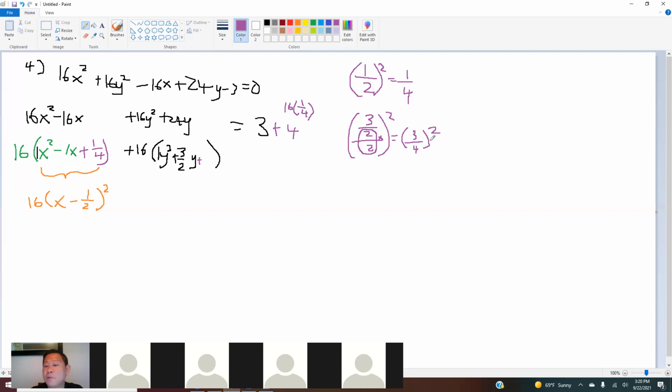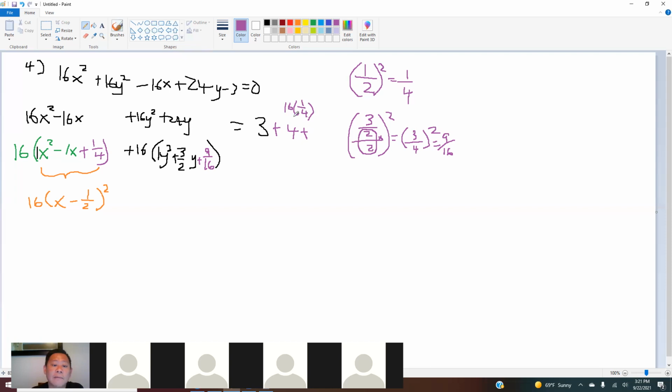What is 3/4 when you square it? This will be 9/16. So you will add 9/16 here. Usually we add 9/16 on the other side to balance the equation, but you don't add 9/16.